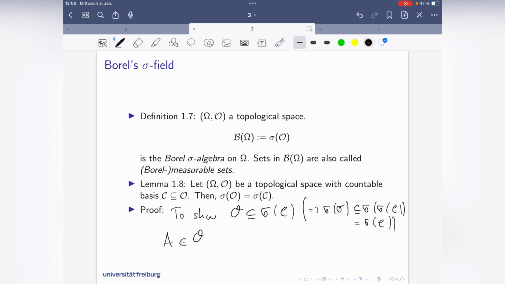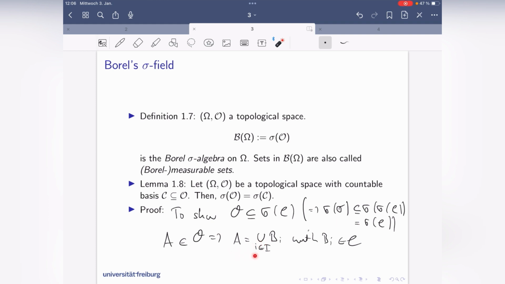So A can be written as a union of B_i, i in I, with B_i in C. But C itself is only countable, which means that this union can only be countable.